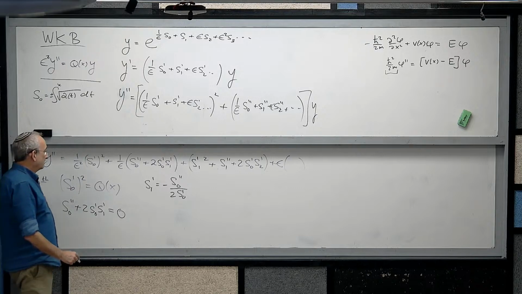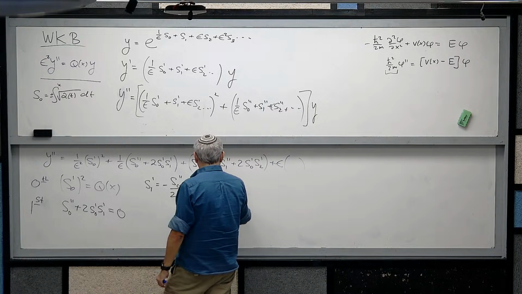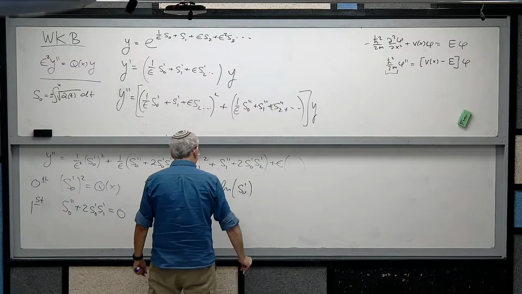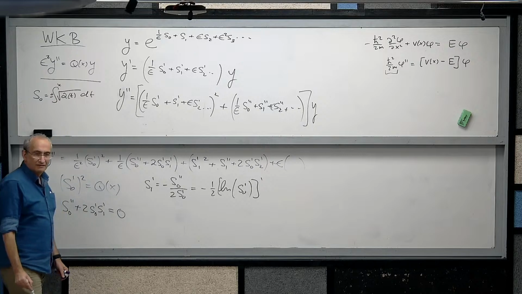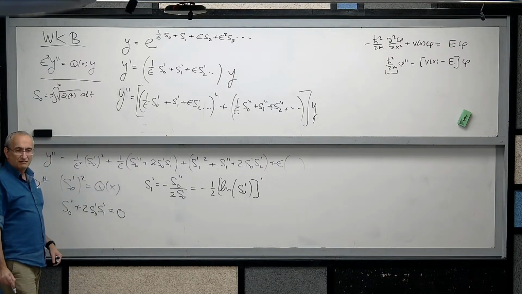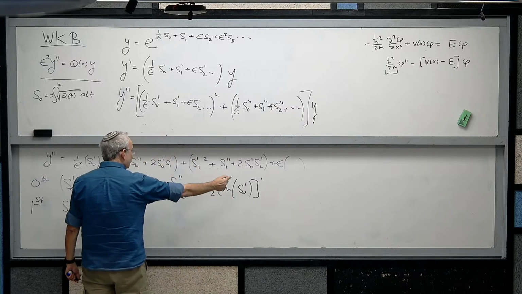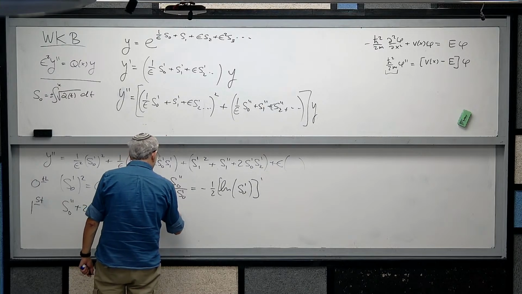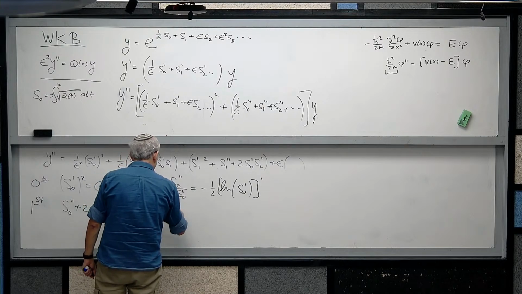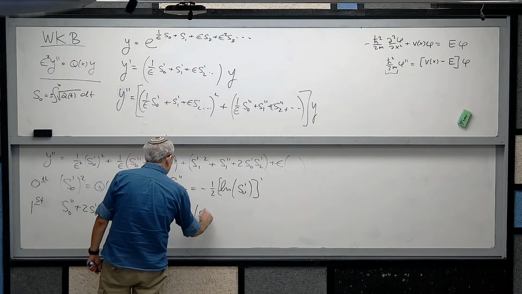See, algebra. And this implies minus 1/2 of the logarithm of S naught prime. You agree with me? So this is S naught double prime divided by S naught prime. So S1 prime is minus half something else prime. So S1 without the prime is minus 1/2 ln of S naught prime.